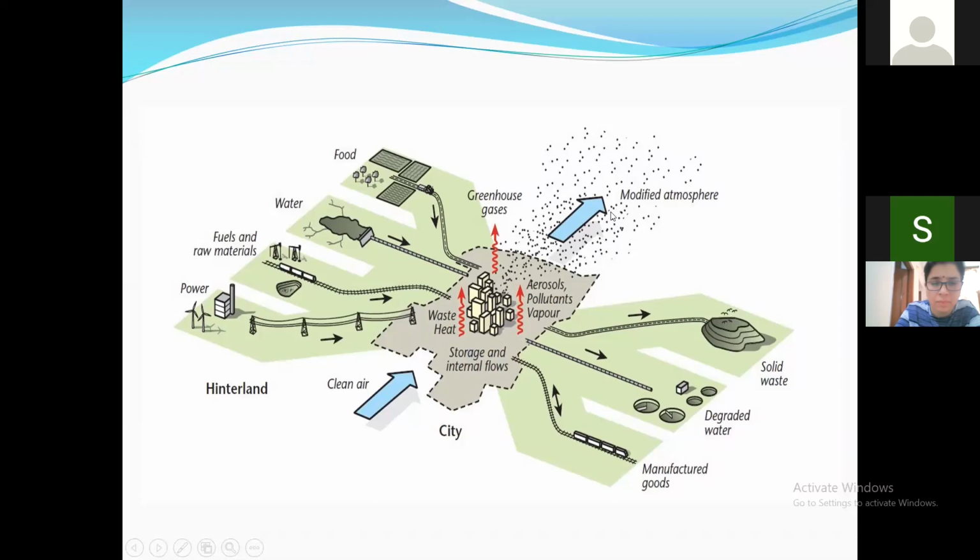So it is like an organism, or you can imagine any production process or any industry which draws inputs from the environment and then produces output. But no production process is 100% efficient. It is associated with the emission of waste in terms of solid, liquid or gaseous waste, or even waste in the form of heat energy.